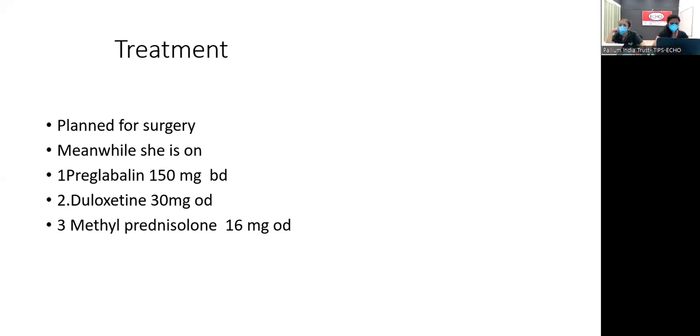There are a few more questions again. Can we give a breakthrough dose of tramadol or tapentadol and then gradually increase the pregabalin? And there is a question on how long can we give steroid? When can it be tapered and stopped?